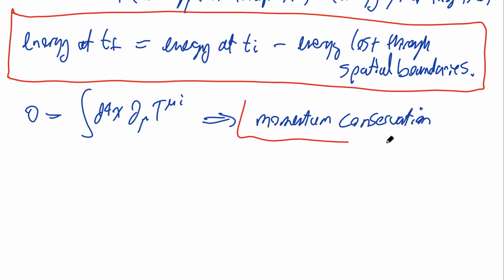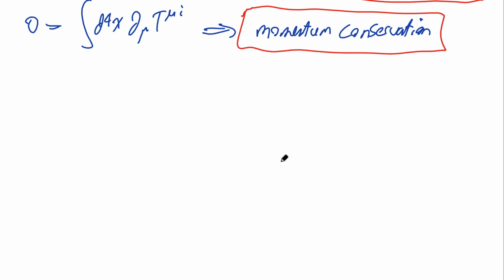In other words, it relates the total momentum at the final time to the total momentum at the initial time minus the flux of momentum through the spatial boundaries. So what we found is that in flat space-time, this identity, ∇_μ T^{μν} equals 0, implies conservation of energy and momentum. But what about in curved space-time?